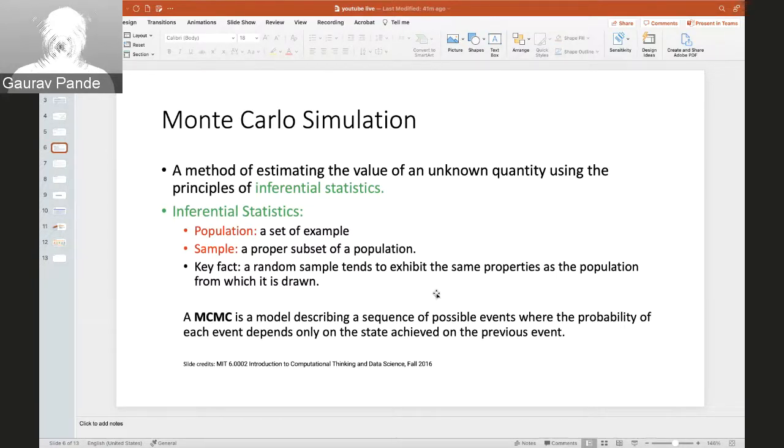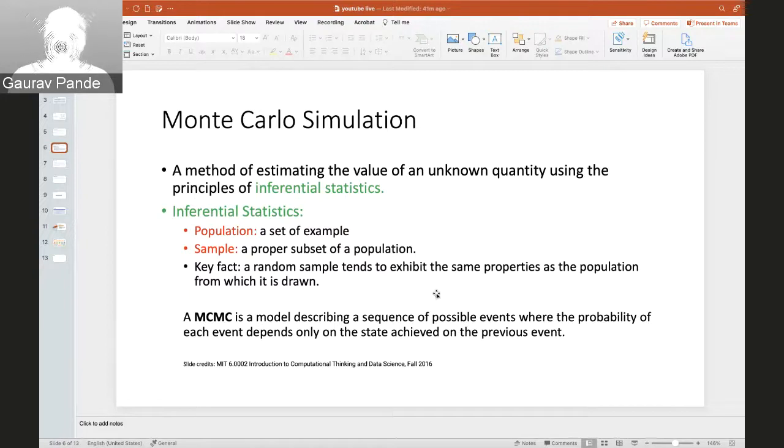There could be infinite ways that this game can be played. And the sample is basically a proper subset that you pick from this whole universe. For the sake of this example, if we have a universe of 100,000 examples, you take only 10,000 samples from this subset.